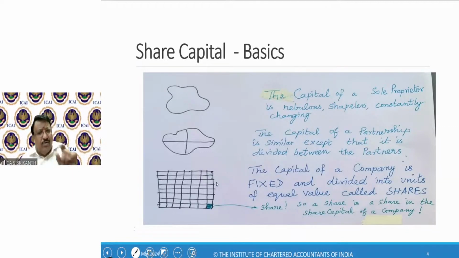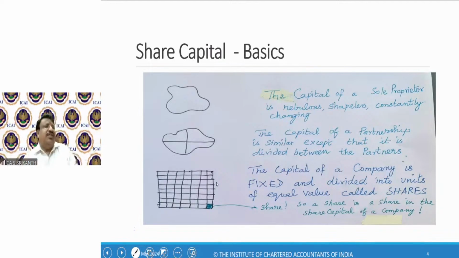This is exact. If I buy one share, I have to pay 10 rupees. In case the company's value has gone up and the market is willing to pay a premium, a 10 rupee share may be quoting at 30 rupees, a 20 rupee premium. Whatever it is, the basis for calculation is the unit, which is the face value of a share.